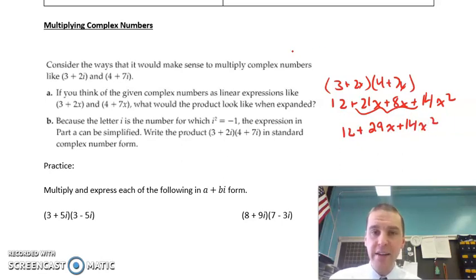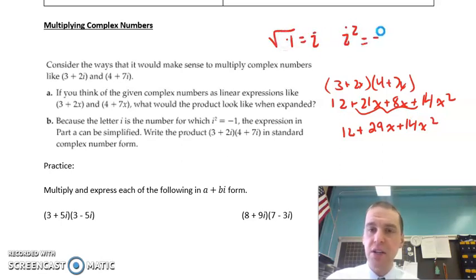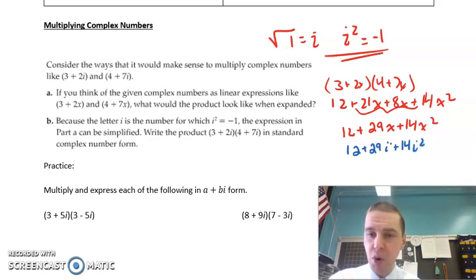And the idea that I stated in the beginning, that the square root of negative 1 equals i, and that i squared equals negative 1. That's where this is going to come into play. If I replace the x squareds with i, so if I did 12 plus 29i plus 14i squared, what we need to understand is that this i squared becomes negative 1.